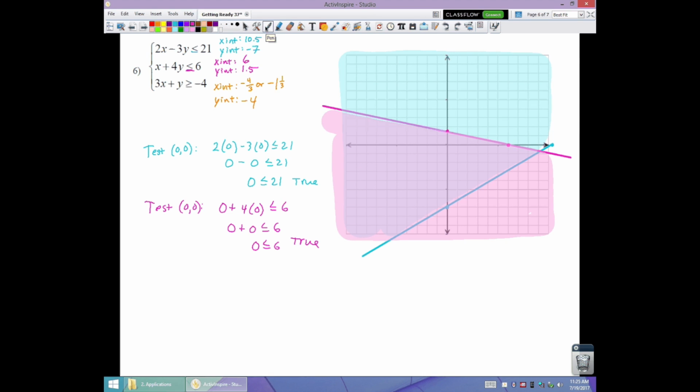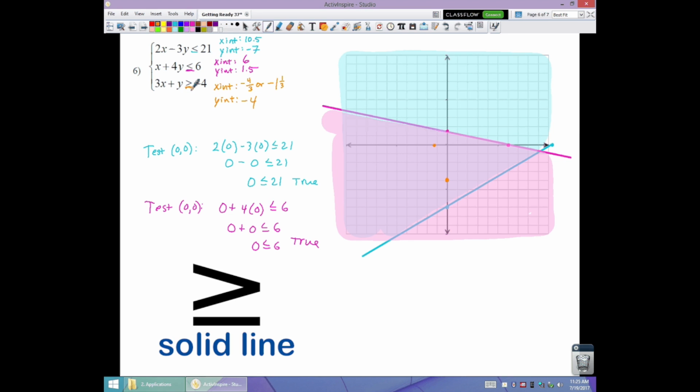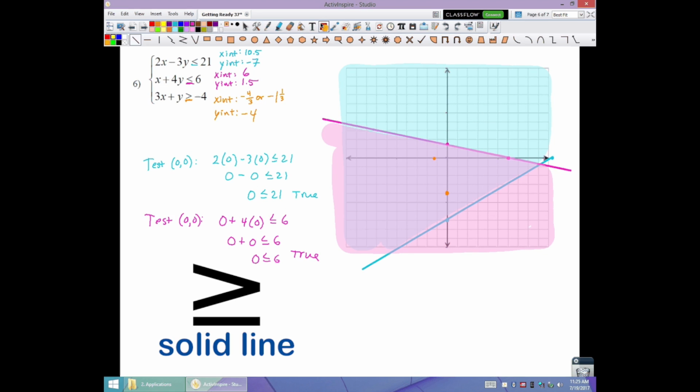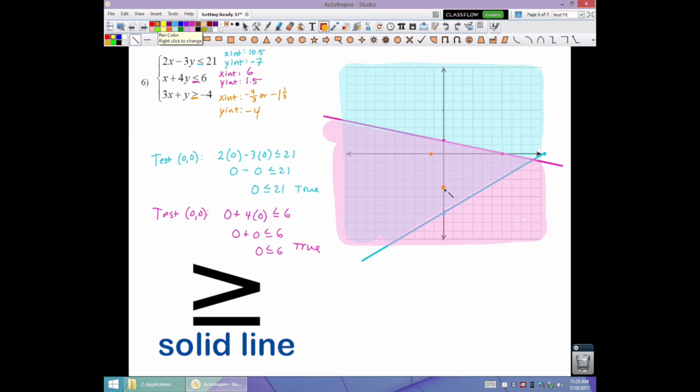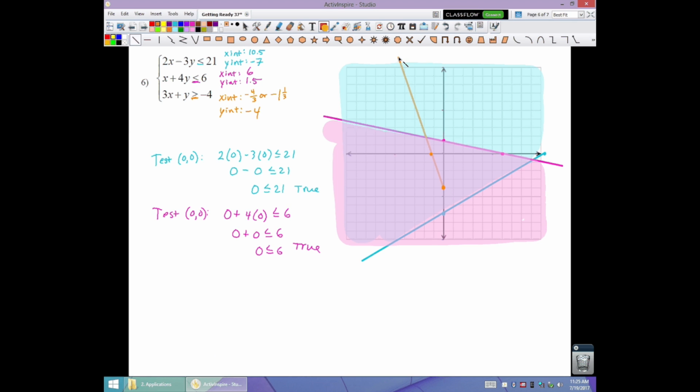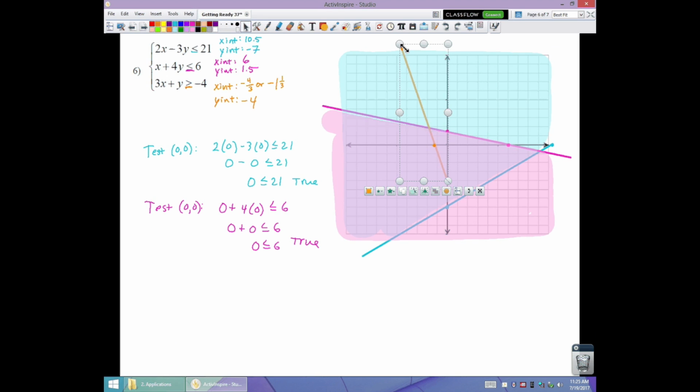All right, and the orange one. We have an x-intercept of -1 1/3 and a y-intercept of -4. Once again, solid line. So let me get that extended.